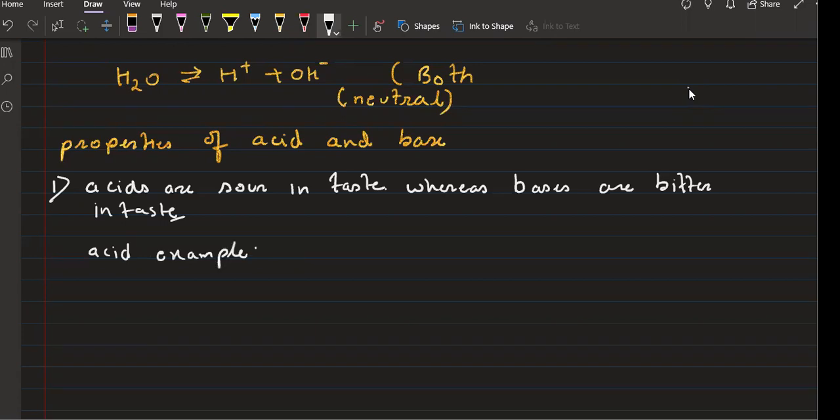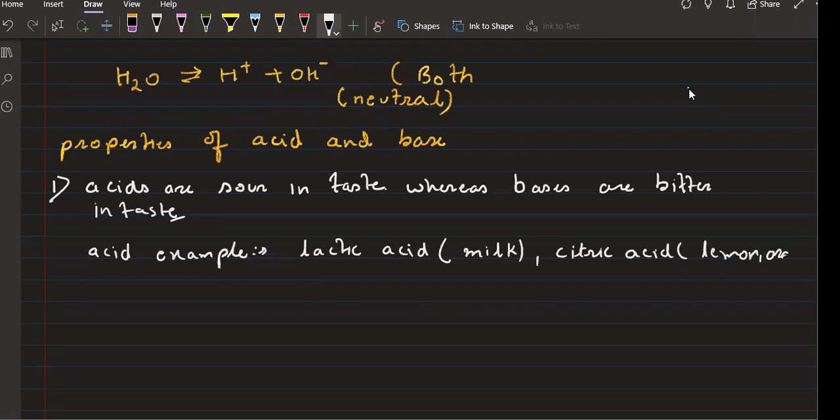Okay, example. These are the acids that we have studied. Lactic acid, we use it in milk. Citric acid, lemon, oranges. Then HCl, hydrochloric acid. So where do we use hydrochloric acid? Have you seen hydrochloric acid?